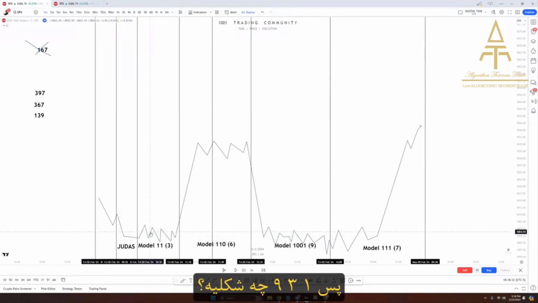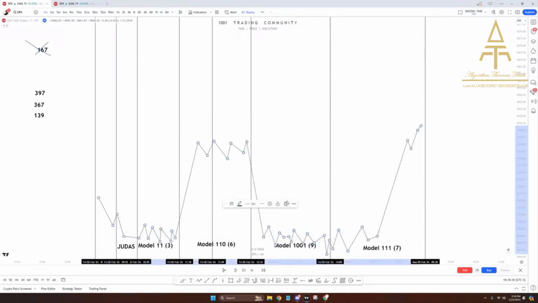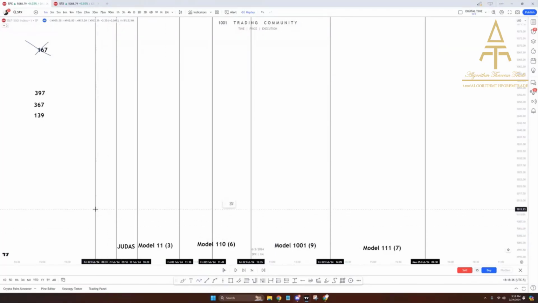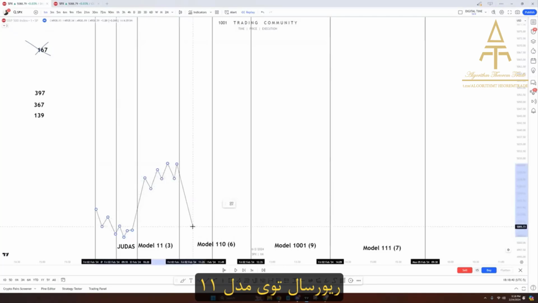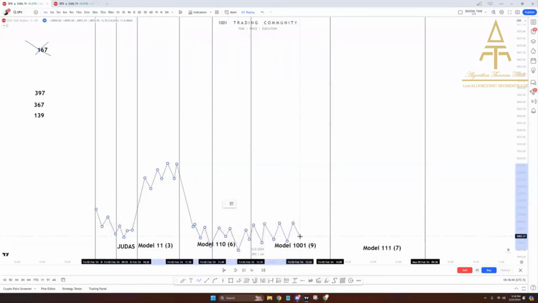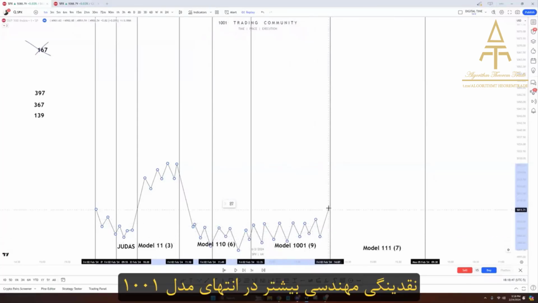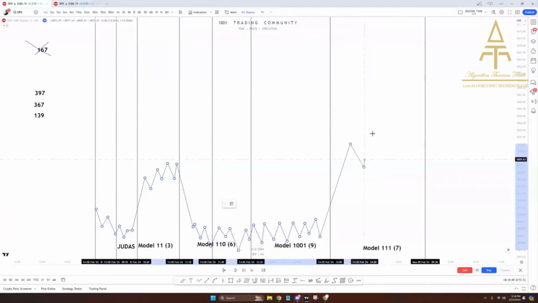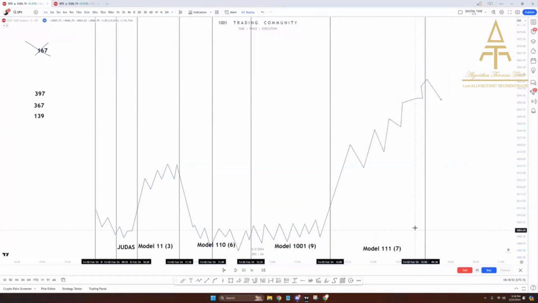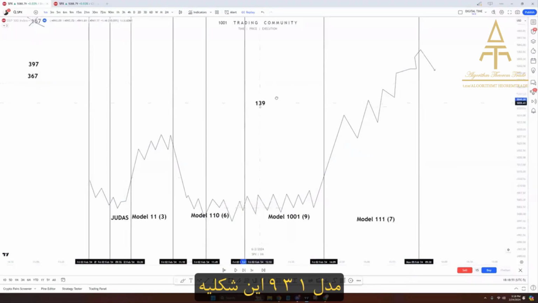So what would 1, 3, 9 look like? Expansion, reversal at Model 11, Model 6, time distortion, model generated liquidity at the end of Model 1001, distribution. That is what 139 looks like.